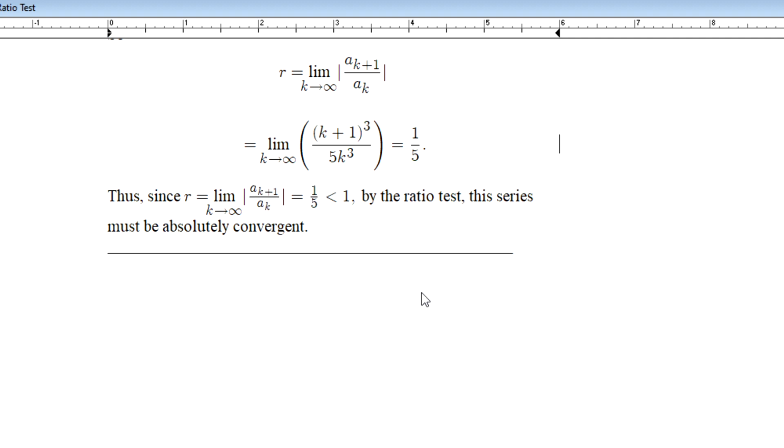Well, thus, since r, which equals this limit here, equals 1/5 in value, which is less than 1, by the ratio test, this series must be absolutely convergent. And thus, we might point out, convergent. And also just convergent.